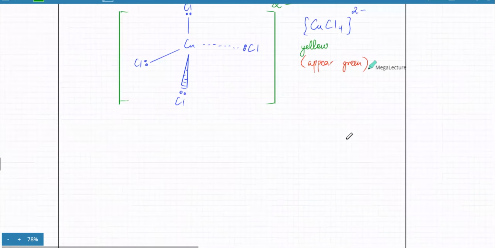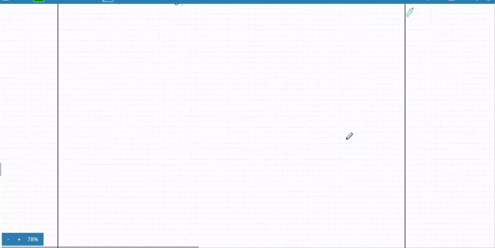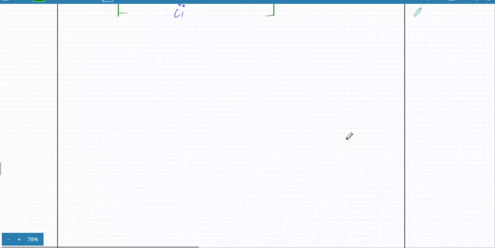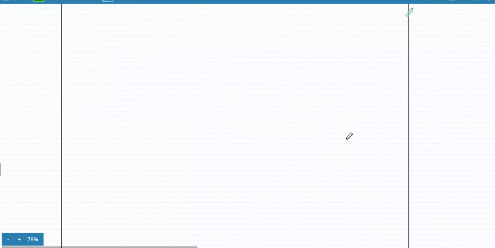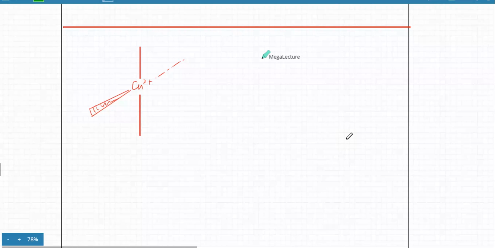Similarly, I'm going to draw a few more complexes, the ones whose colors you should be aware of. Okay, so this is the next one. It's copper 2 plus with its 6 sides. This bond is coming out of the page.